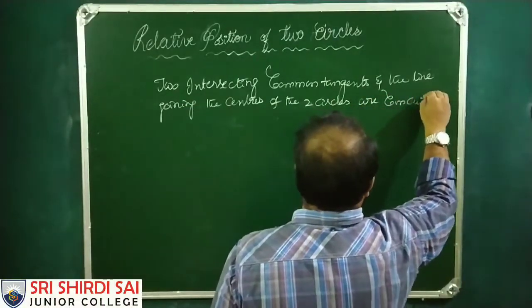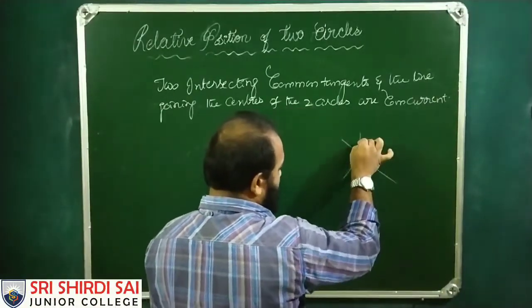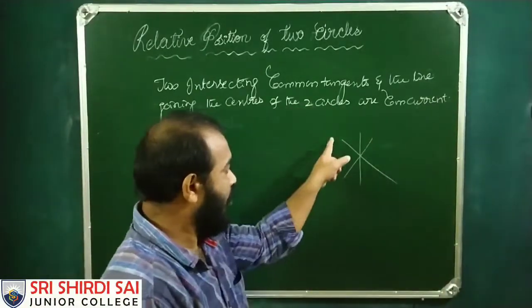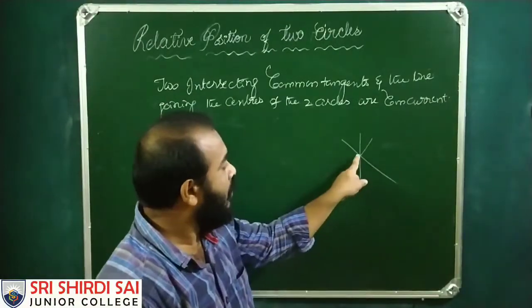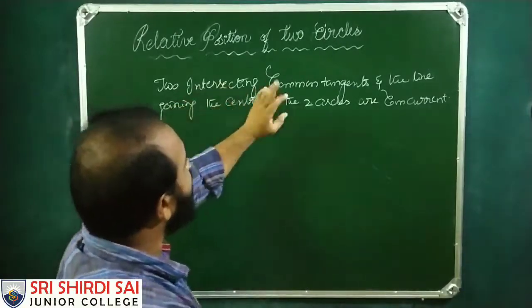What is said to be concurrent? Three or more lines are said to be concurrent if they have one point in common. So that is why here, two intersecting common tangents.